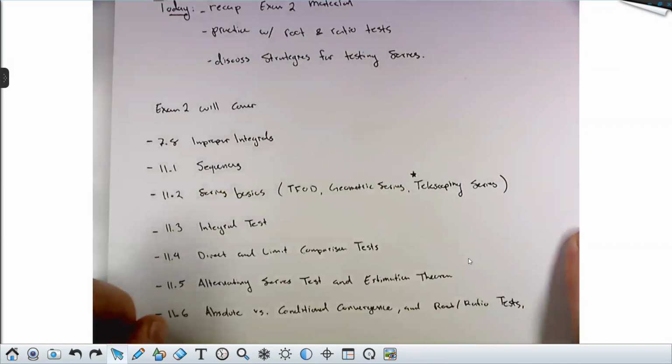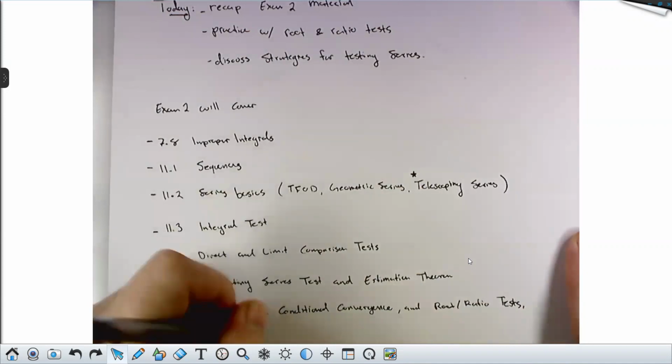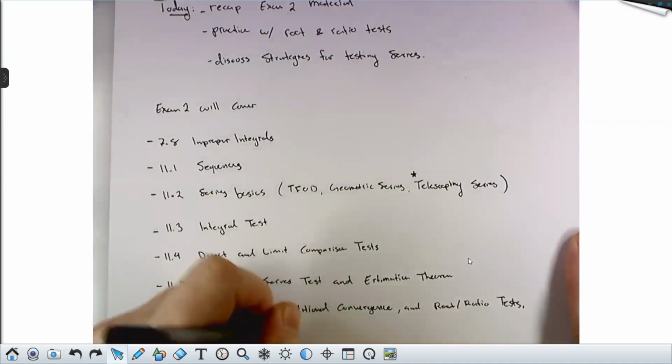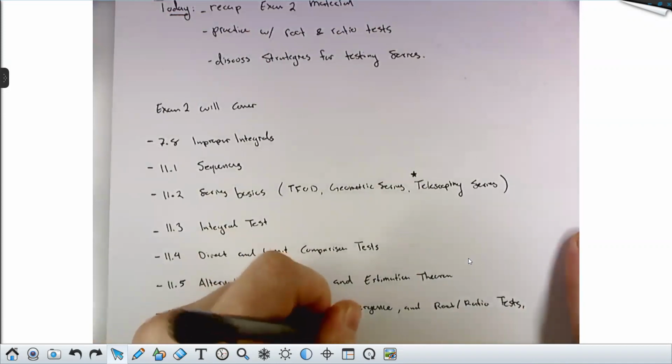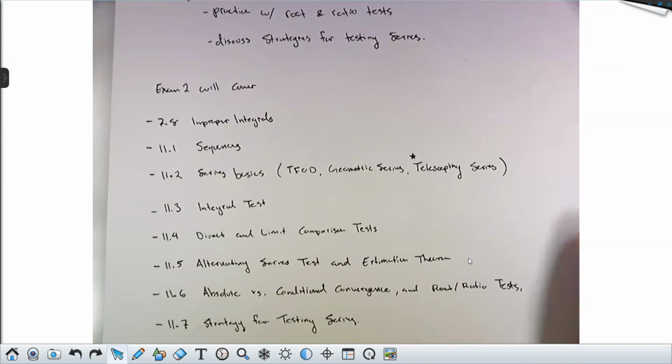And then 11.7 we're going to talk about today. This is on strategies for testing series. So this is everything that's going to be on the test.